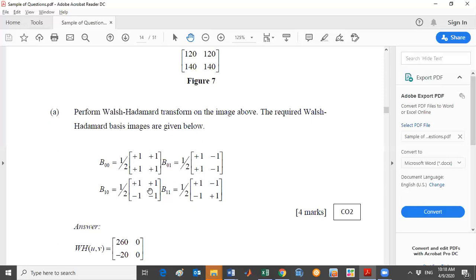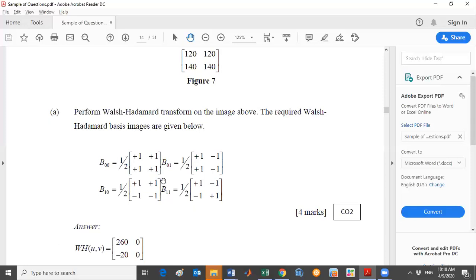When you perform dot product, as I explained before, you are practically trying to compare the similarity between the image and the pattern that you do the dot product with. So if they are not the same, then basically you get 0.